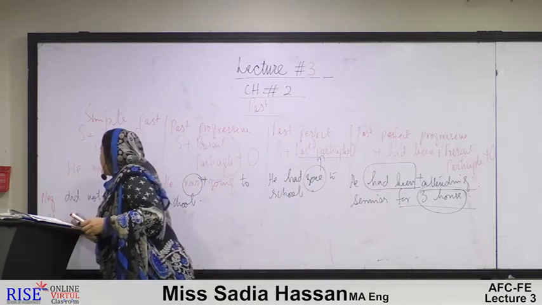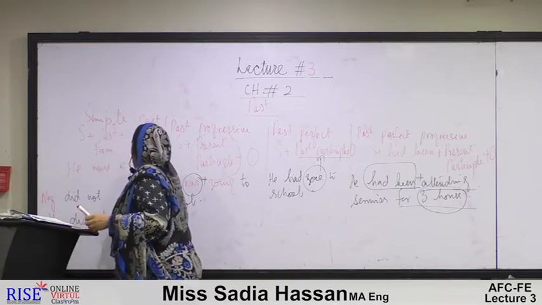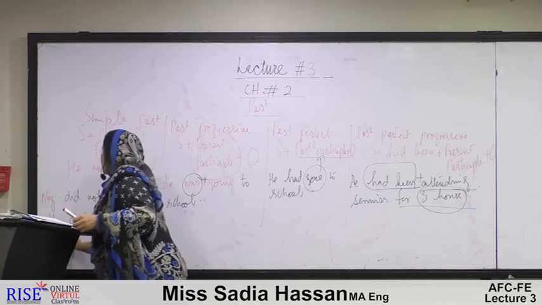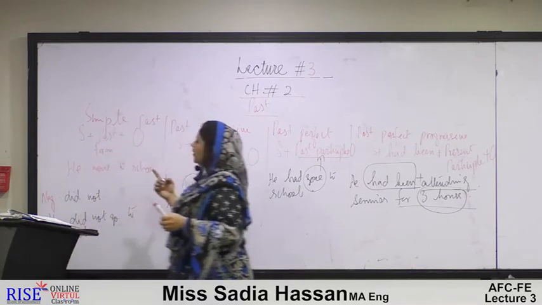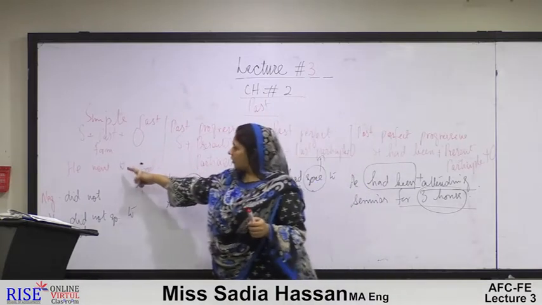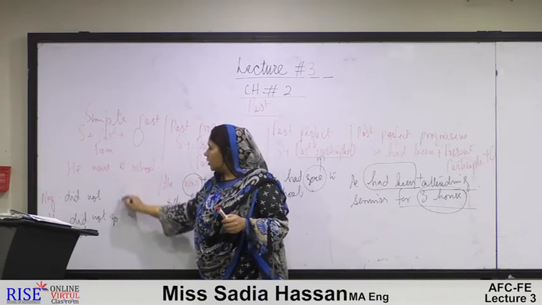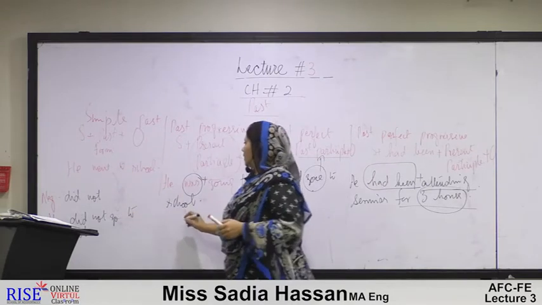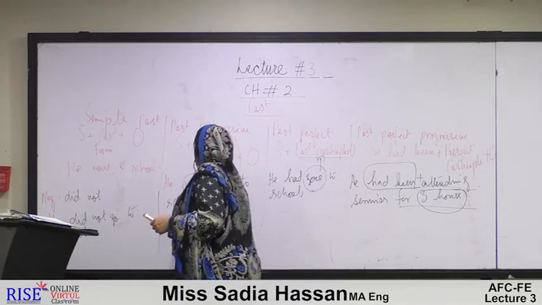Fine. He did not go to school. What is specific to "did not"? Whenever "did not" is used with a verb, it always takes the first form of the verb. So we have turned this past form into present.